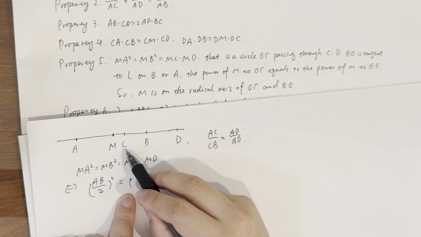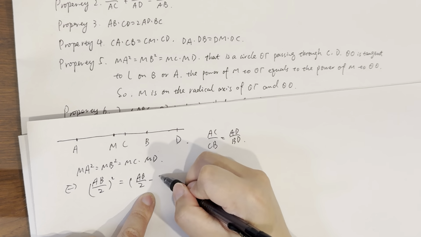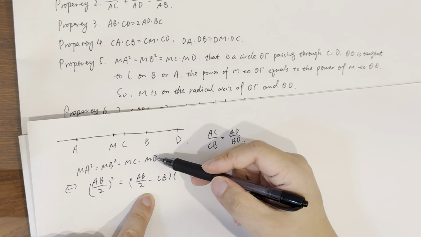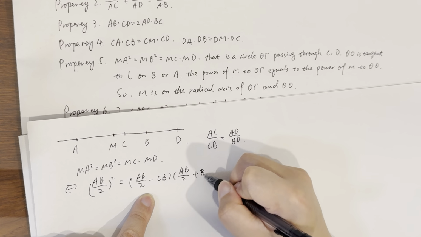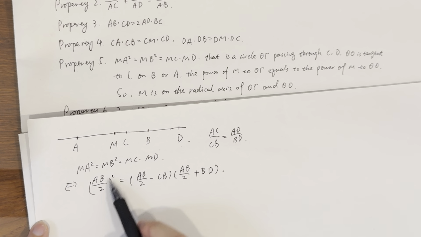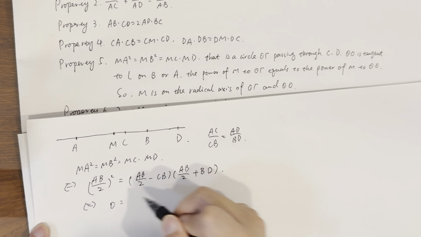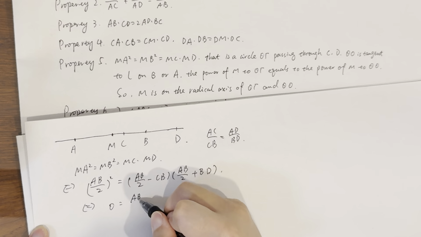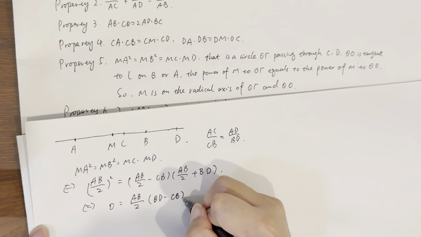What is MC? That is AB divided by 2 minus CB. And for MD, that is AB divided by 2 plus BD. So AB divided by 2 squared cancel each other.